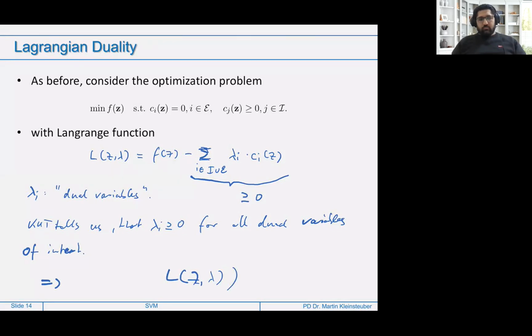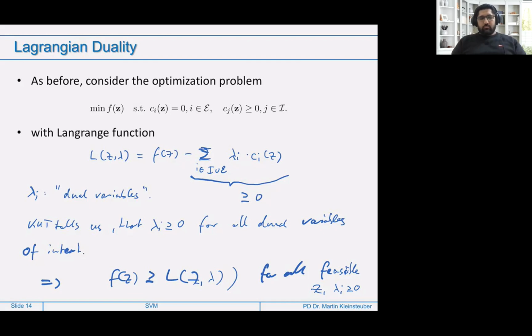This holds for all feasible z and for all lambda i greater or equal to 0. And remember, feasible means all z that satisfy the constraints here. Okay, so there is a gap between the value of the function f of z and its Lagrange function.